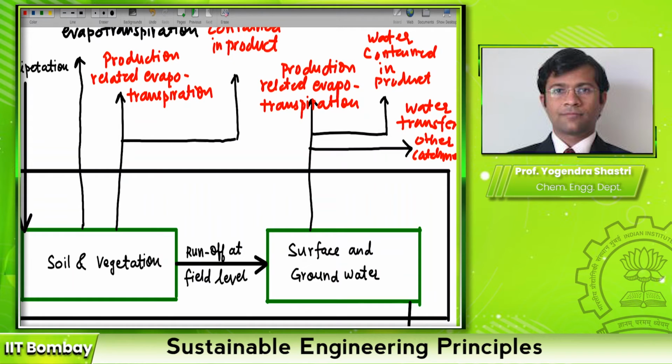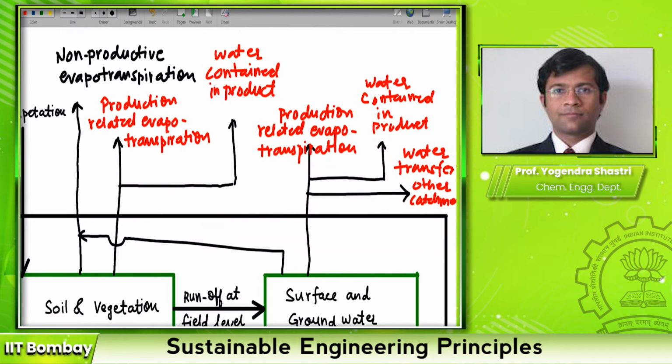Now some of the surface water that you are using, and if you use it for irrigation on a particular farm, some of that water will again be used for non-productive use. So I can again draw a line similar to the one that I have drawn for green water, and it becomes a part of the non-productive evapotranspiration.